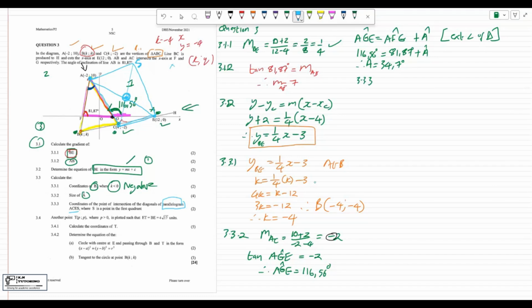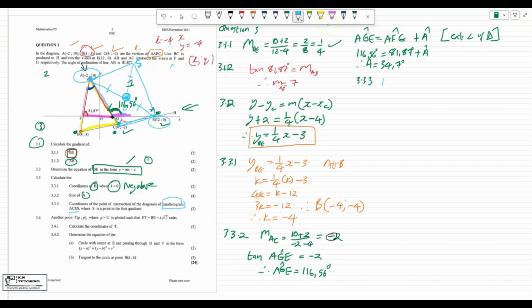This will be a midpoint, because this part will be equal to that part, and that will also be equal to that. So this is the midpoint. So how do I find the midpoint? I've got the coordinates of A, I've got the coordinates of E, so I can find the midpoint. That is very simple.